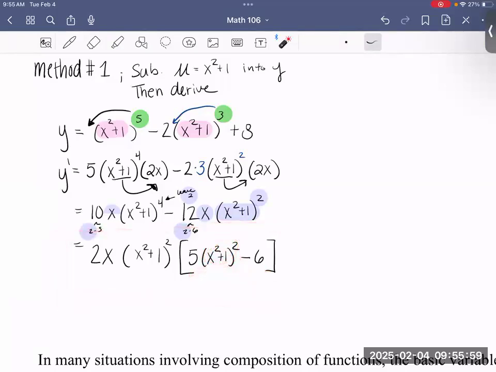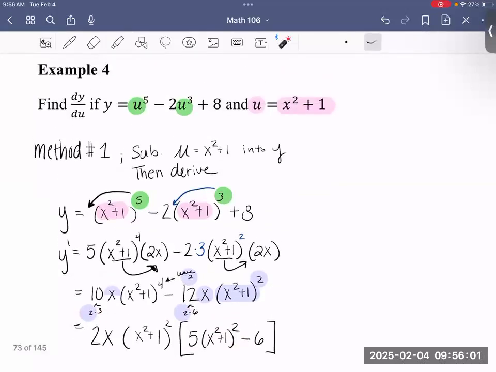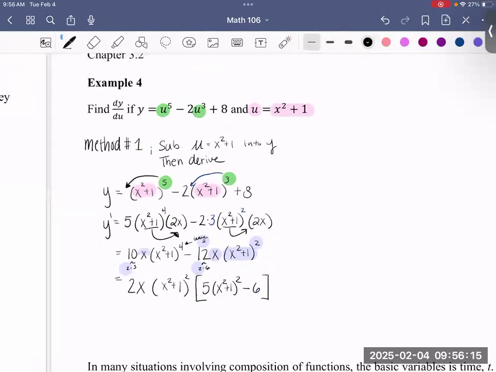Now this is just the first method, if we're told that u is some sort of separate equation, and then we're looking to derive y in terms of x. So one thing we can do is to substitute u in and then complete the derivative.